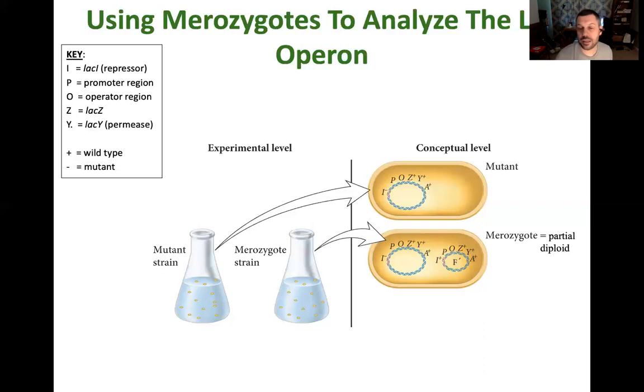So one of the things that they did back in the day was they took these mutants. This first one is a mutant in LacI. So this has a repressor gene that doesn't work. In this case, there will be no repressor in that cell at all, which would mean that effectively the Lac operon would be on all the time.